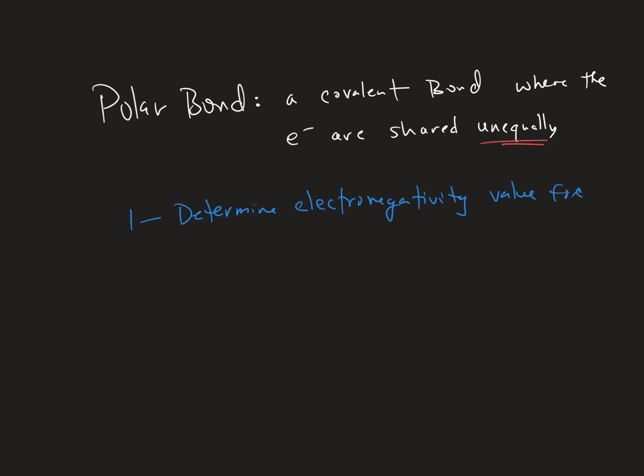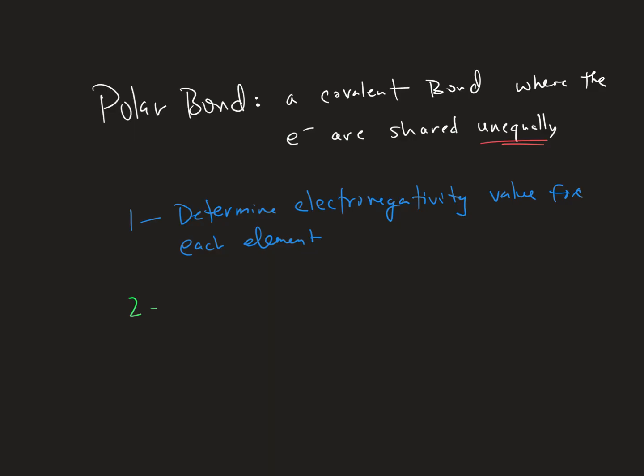So we're not talking about the whole compound yet. We're just talking about a single bond, so there's going to be two atoms. We want to find the electronegativity value for each one of those atoms in that bond. Good?